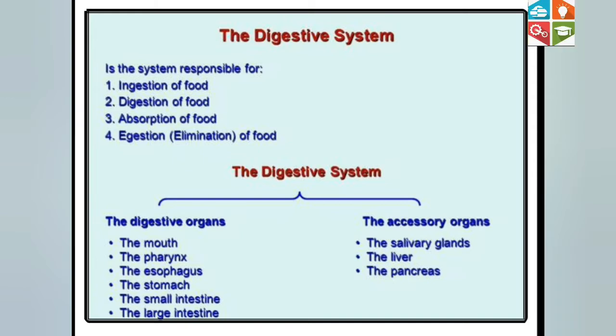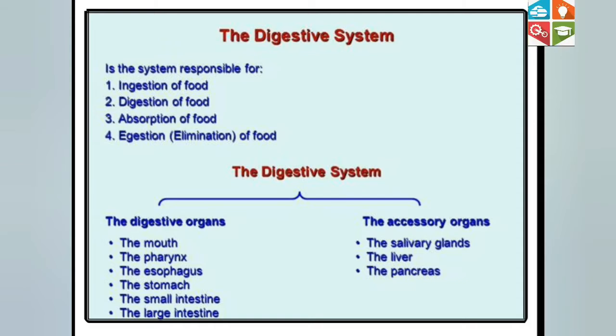The first step in digestion is ingestion of food. Ingestion of food means intake of food. The second step: after you take in the food via your mouth, it goes via the esophagus to the stomach, where the digestion of the food will take place. After the food is digested, the third thing which happens is the absorption of food.